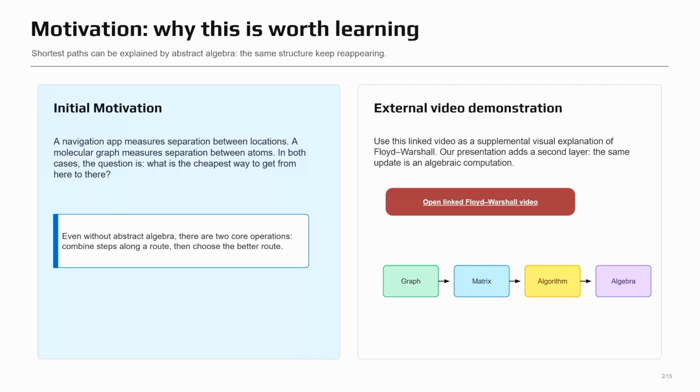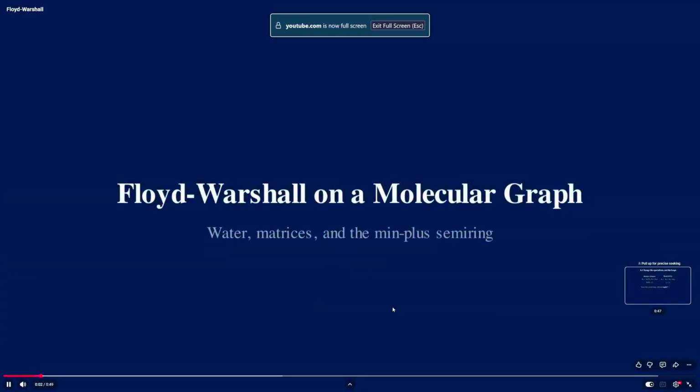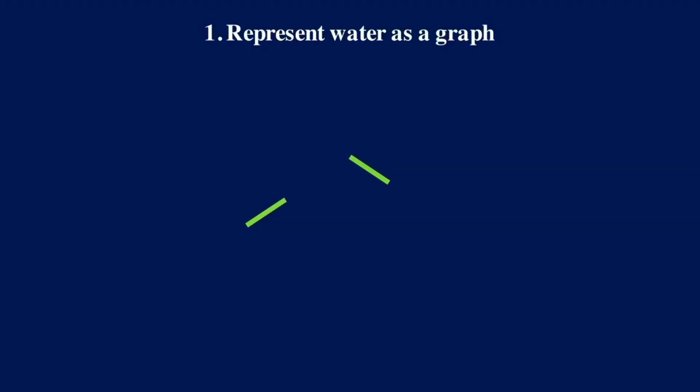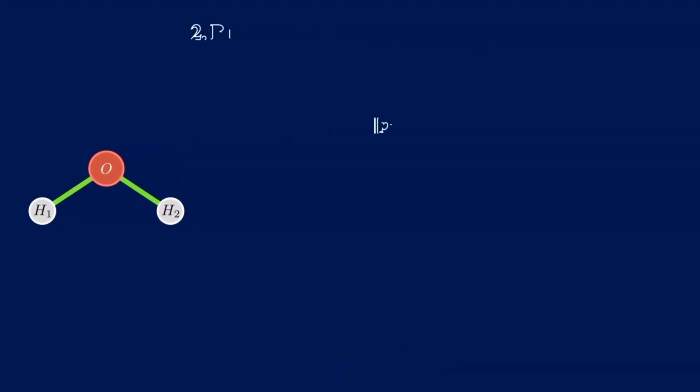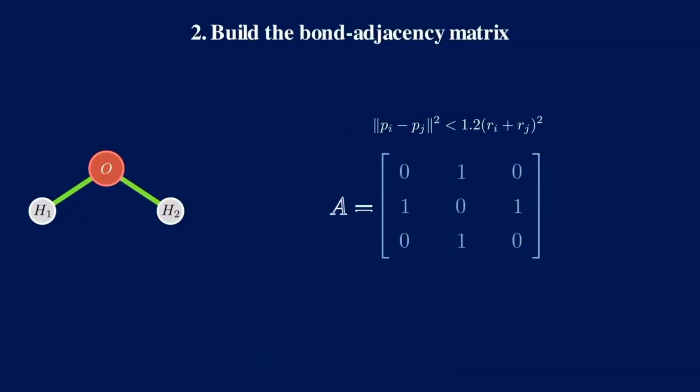An important part of understanding both the problem and the intuition behind the algorithm is getting a basic visual understanding and overview of what's going to be covered during the presentation, which is given by the following video. First, we represent the water molecule as a graph. Then we build the bond adjacency matrix.